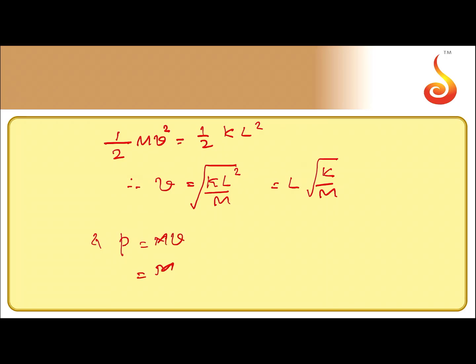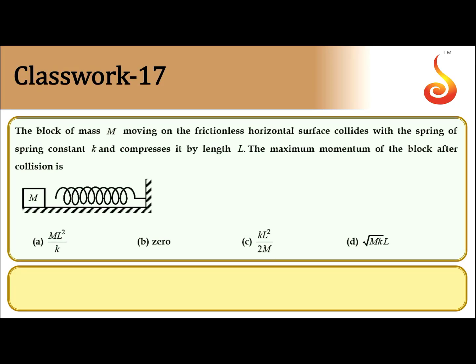So we can write m into L root of k by m, and I can take that m inside and it becomes L root of mk. So momentum is equal to root of mk into L. D is our correct choice.